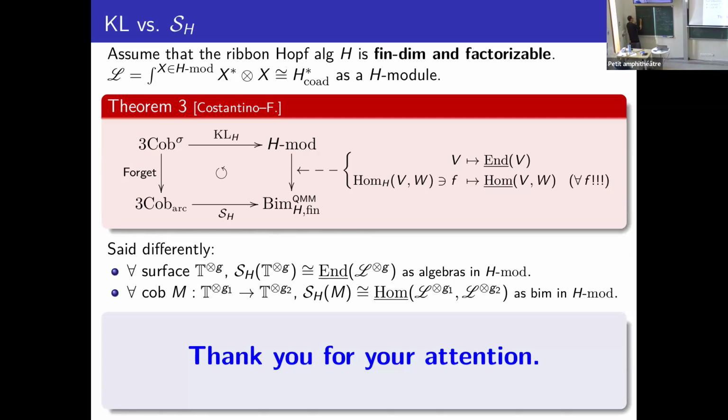If you take an element in A and multiply by mu of H, then you must have this. A is an algebra in H-mod, so H can act on elements of A, and you have this condition.